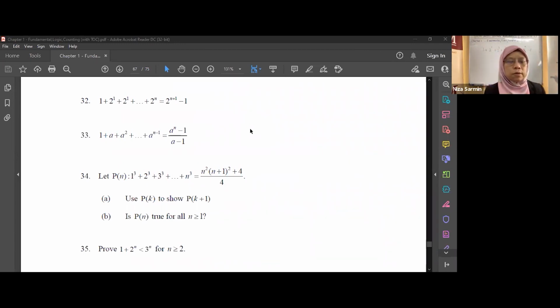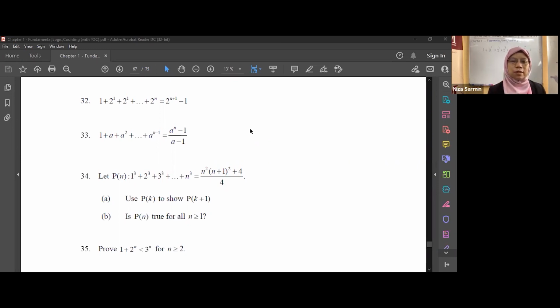That's this. Okay, 33. Yeah, 33. Oh, okay. This one is actually the factor, right? Originally. But when you put n equals 1, you get 1. That's true, right? When you put n equals 2, you get a plus 1.